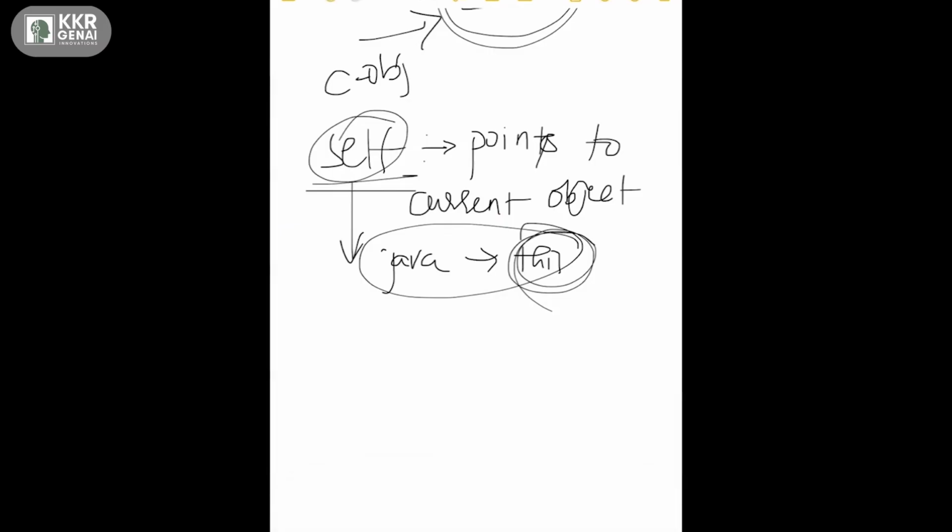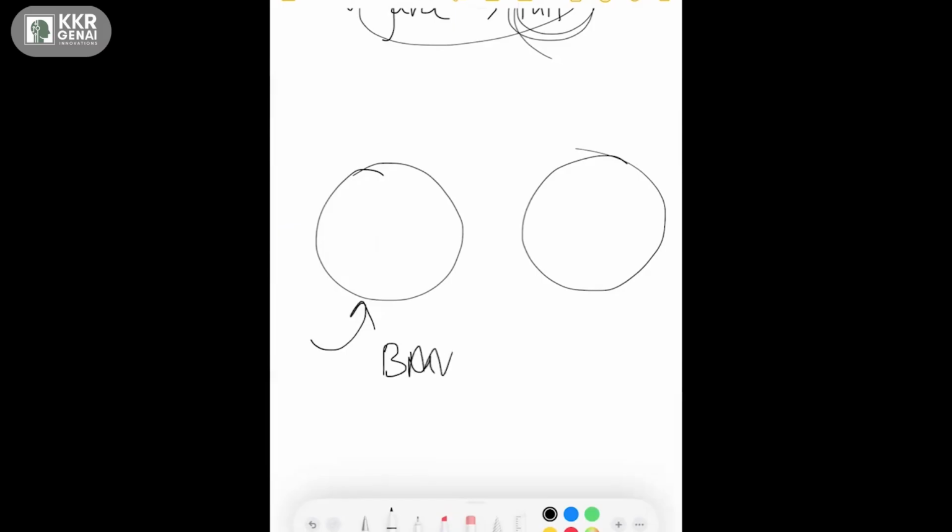What do I mean by that? Let's say I have created a Car class, and then I have created two objects. Let's assume one is BMW and the second one is Audi. So these two are the car objects.